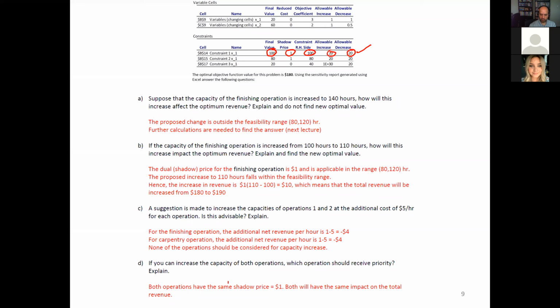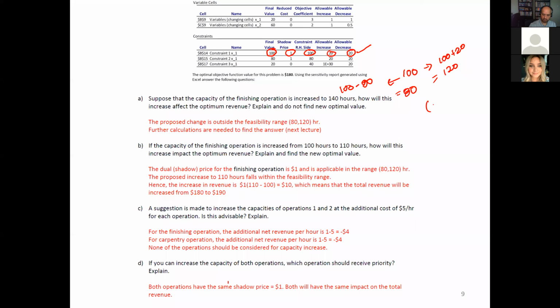Okay, so using that information, the right-hand side was 100. Based on here, we have the allowable increase and the allowable decrease. So for the increase, this is going to be 100 plus 20, so this is 120. For the decrease, it's going to be 100 minus 80, so this is equal to 20.